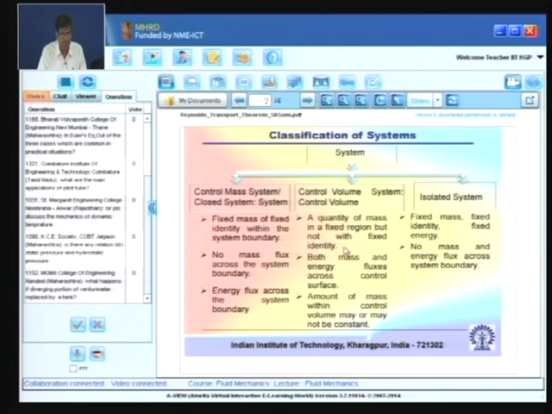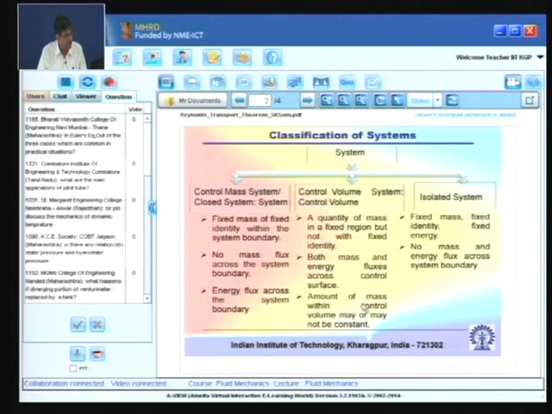This itself means that when the identity changes, the mass will cross the control volume boundary or the control surface. So the main difference here is that mass flux takes place across the control volume boundary, or the control surface, which is not the case for the fixed mass, that means control mass system or closed system.